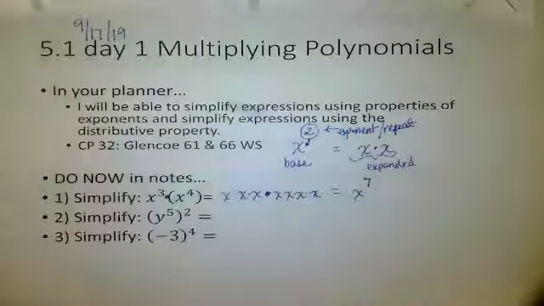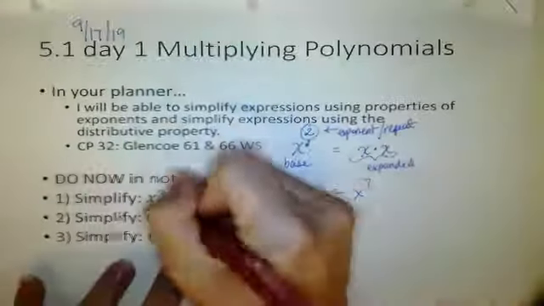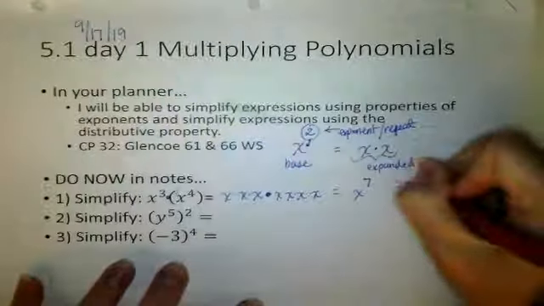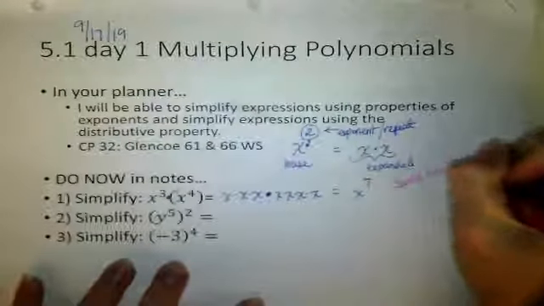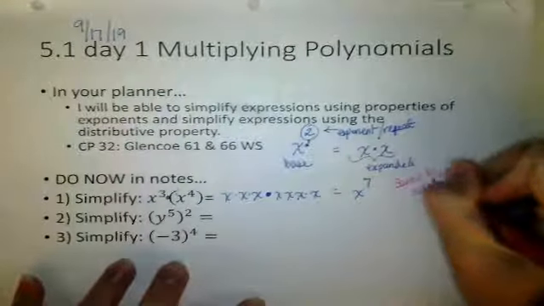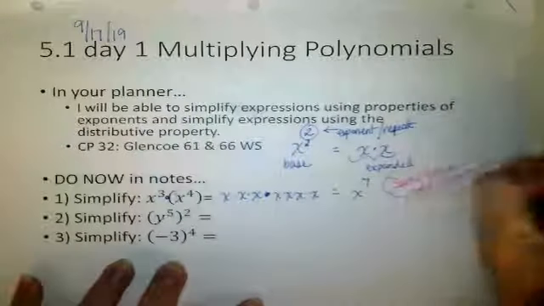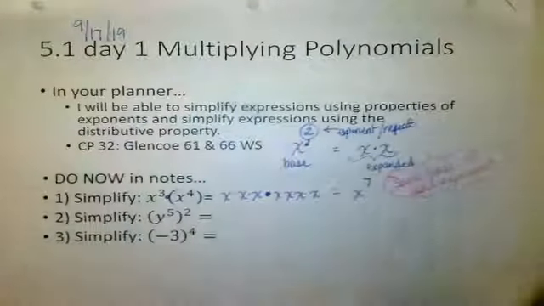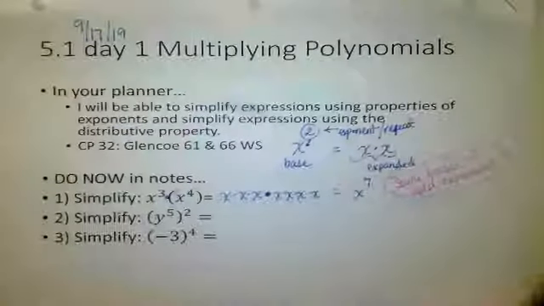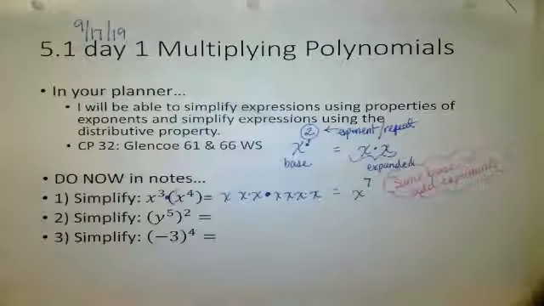Add the exponents. That's it. If they have the same base, then we add the exponents, okay? Write that down. That is the rule of the day. If things have the same base, then we can add their exponents, if it's a product.